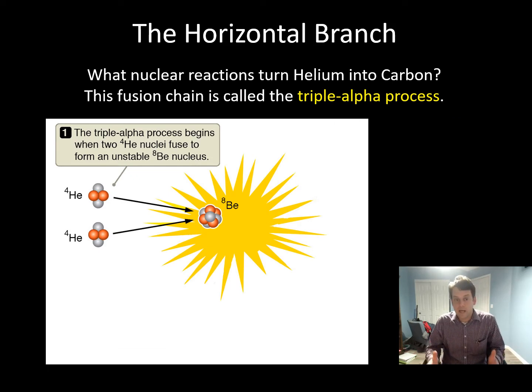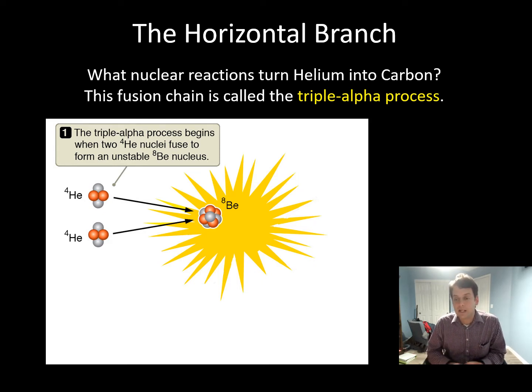So what are these reactions? Well, again, in the end, we're going to be combining 3 helium nuclei, 3 alpha particles, but they don't all collide instantaneously. Sometimes, I want to warn you, people will describe it that way, as 3 things combining all at once, but it almost never works like that in nature.